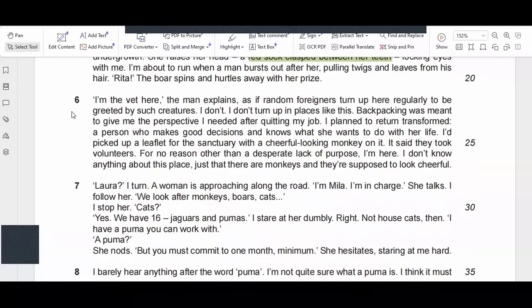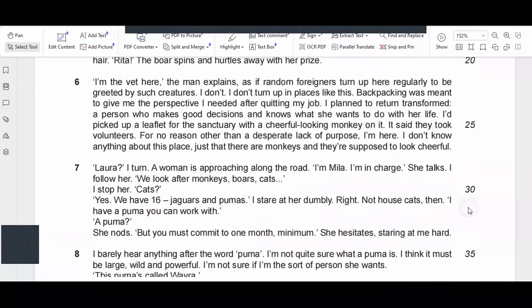So in this paragraph, the man she encountered tells Laura that he is an animal doctor working here, speaking as though strangers from other countries, as soon as they arrive in this wild area, all the time meet unusual animals. But the doctor doesn't usually travel to remote places like this at all. So my whole trip was supposed to help me think clearly about my life after leaving my job.